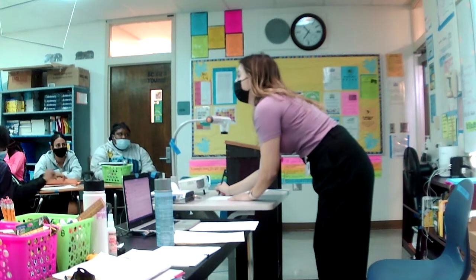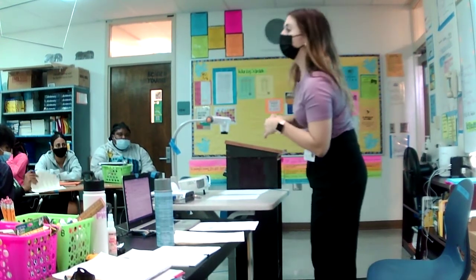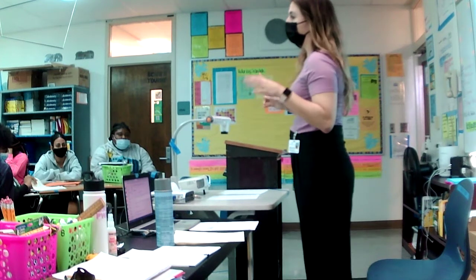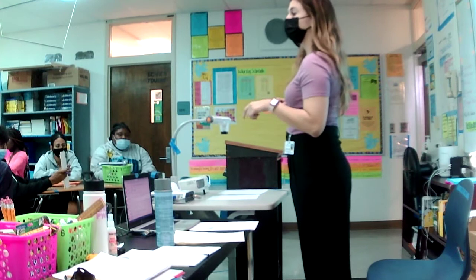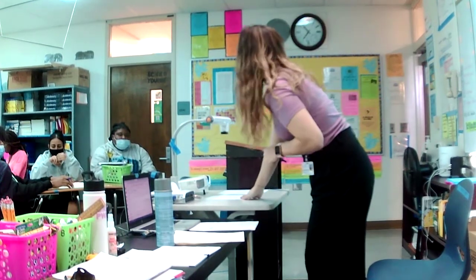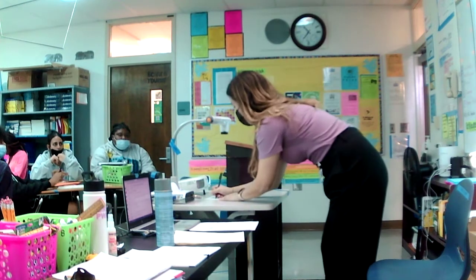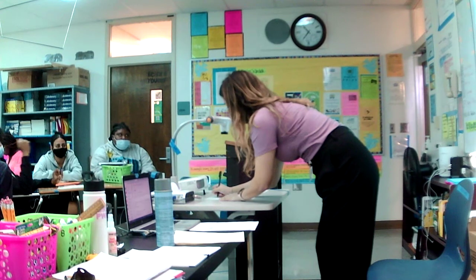And you guys said we need 3 body paragraphs, correct? Alright, so what is one way that I can set up my 3 body paragraphs? Refutation? Okay. So body paragraph 1 could be your concession.